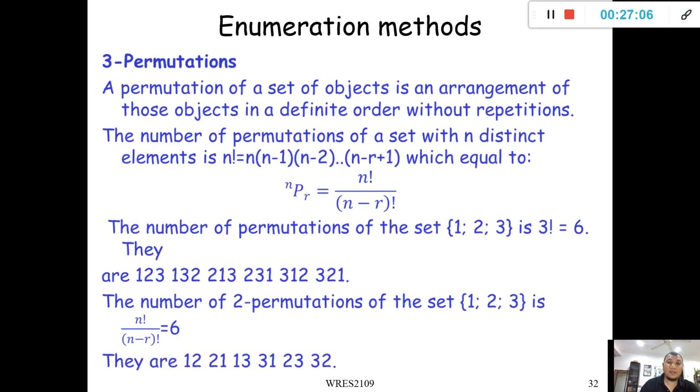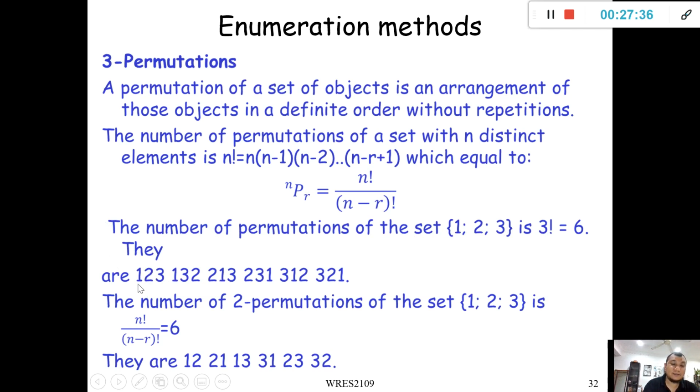So, permutations. A permutation is a set of objects arranged in a definite order without repetitions. The number of permutations of a set with n elements is n factorial, equal to n times n minus 1 times and so on, which is nPr. The number of permutations of the set 1 to 3 is 3 factorial: 1 2 3, 1 3 2, 2 1 3, 2 3 1, 3 1 2, 3 2 1.